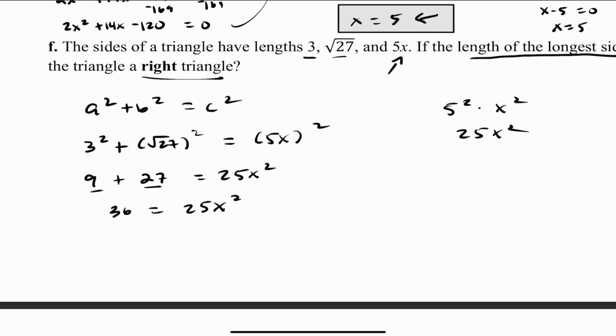There are 2 ways to do it, but we taught you to move one side to the other and have the other side be 0. So I'm going to subtract both sides by 36. So the left-hand side of this equation is 0, and I equal that to 25x squared minus 36.